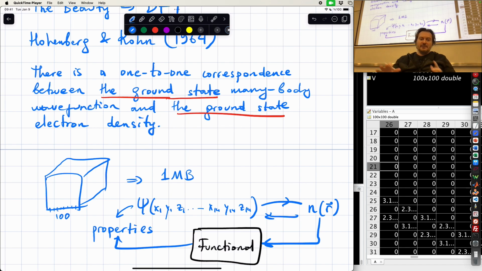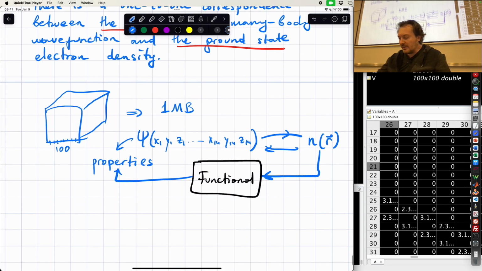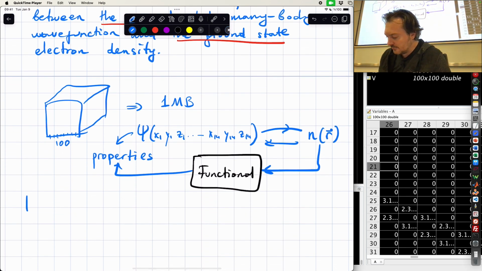But the point that the theory is making in the beginning is that one system can have only one solution in terms of electron density. And that's once you find it, so it tells you, for example, that energy is a functional of electron density.